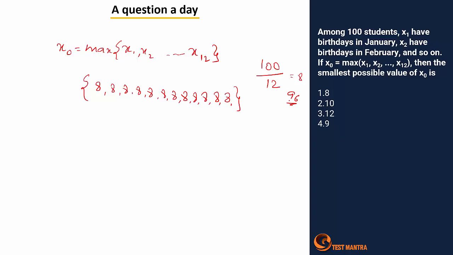So since I want to find the smallest possible value, I will not insert all the 4 people in a particular month. I'll distribute those 4 people among 4 months.